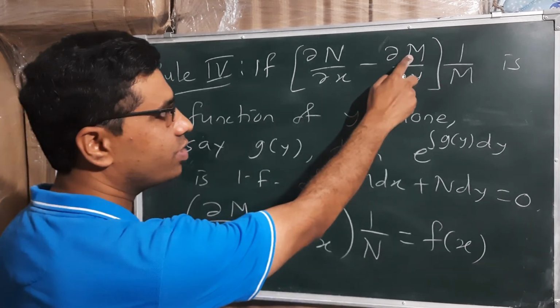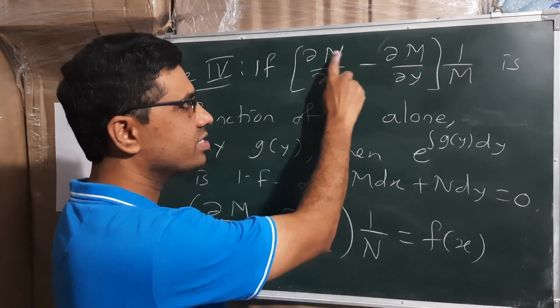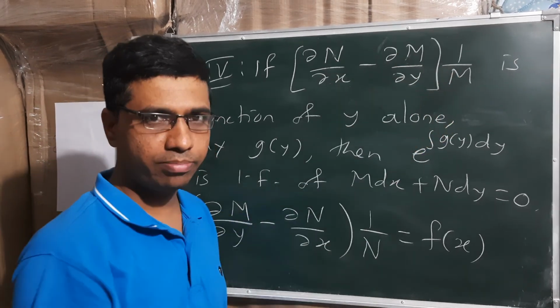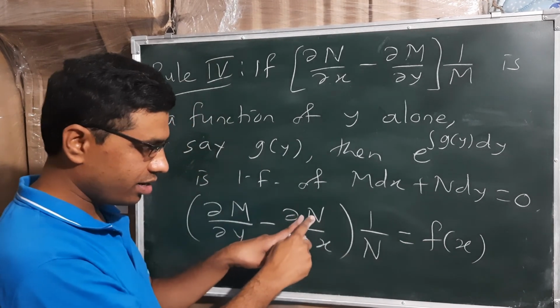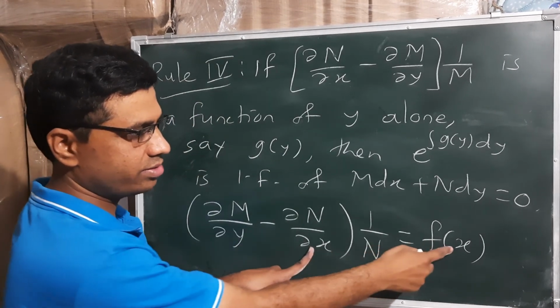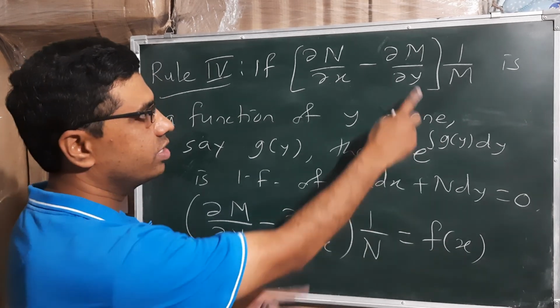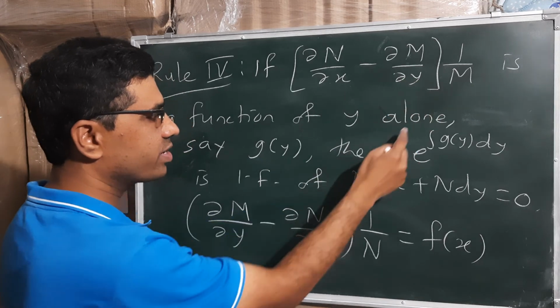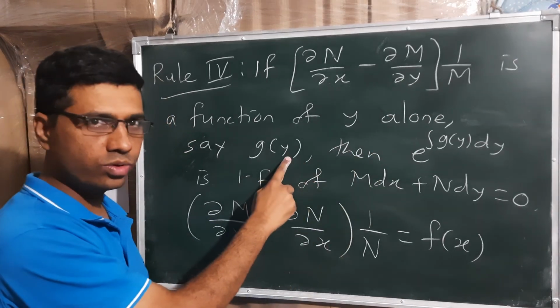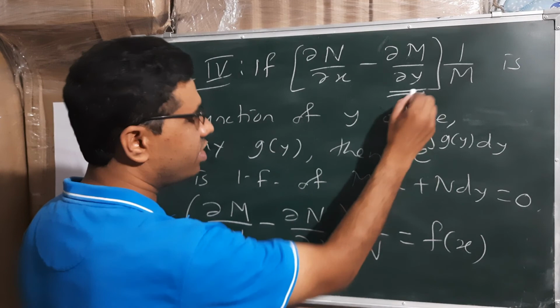Here the partial derivative of m is the second term and we are dividing by m. Now this is a function of x, with the second term differentiated with respect to x. Here, the second term is differentiated with respect to y, and this is a function of y alone. So second terms are important.